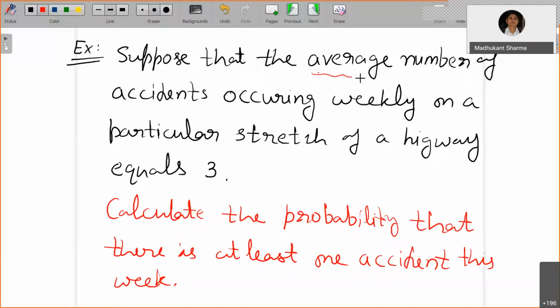So if you denote X as the number of accidents occurring weekly on a particular stretch of a highway, that follows the Poisson distribution with parameter lambda equals 3. Now you are interested in the probability that there is at least one accident this week, which means you are looking at the probability that X is greater than or equal to 1.